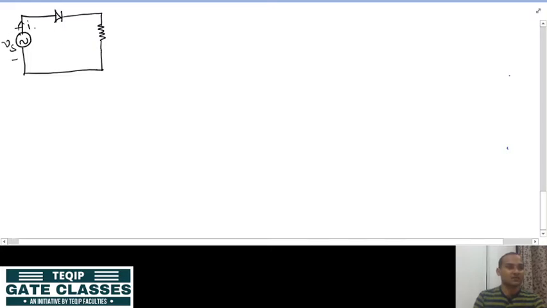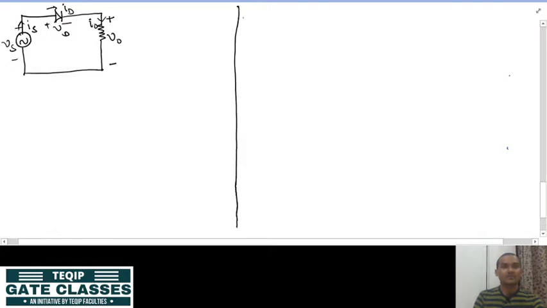This is my source current reference and source voltage reference. This is my load voltage reference and load current reference. This is my diode voltage reference and diode current reference. All right. So, let us start the waveforms. Just a minute.